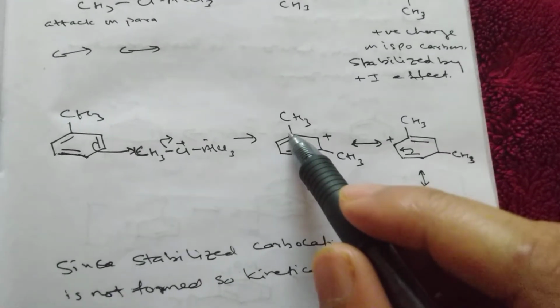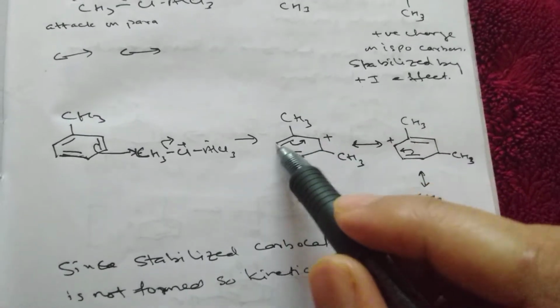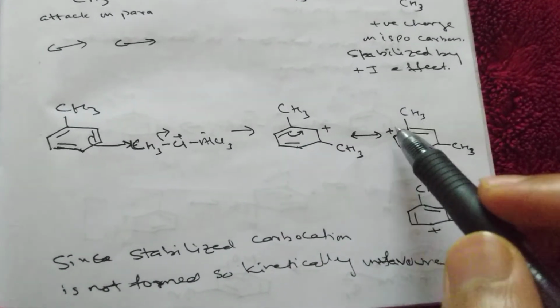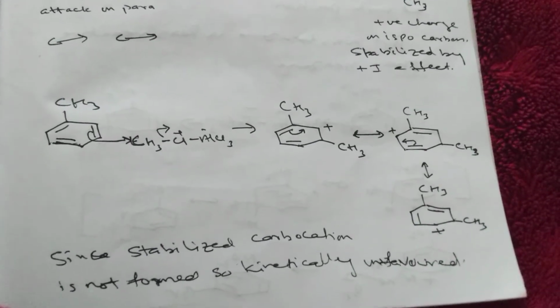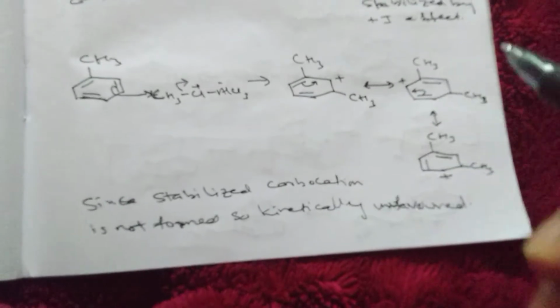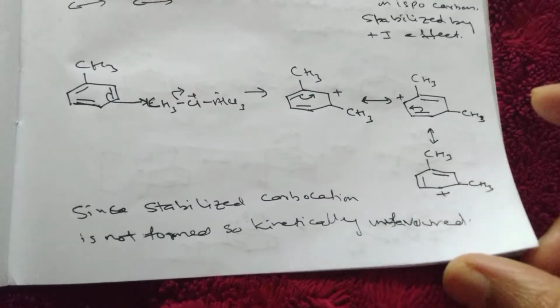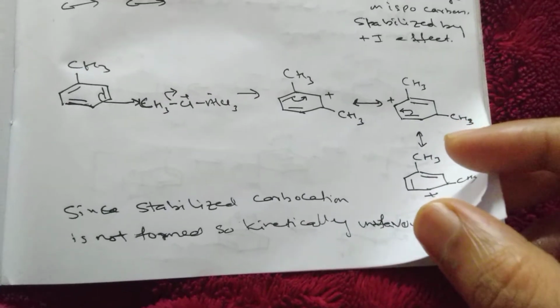So you are getting positive charge next to the ipso carbon, and then para to the ipso carbon. But you are never getting positive charge on ipso carbon. So it is not as stabilized as when the attack is in ortho and para position, and therefore attack happens on ortho and para position.